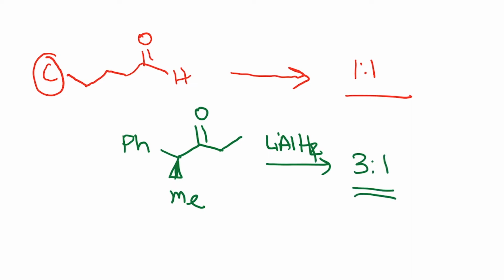Okay, so in order to understand this, I'm going to now provide you a theoretical framework that helps us reason this out. A lot of things in chemistry are actually first observed experimentally, and then a theoretical framework is developed.